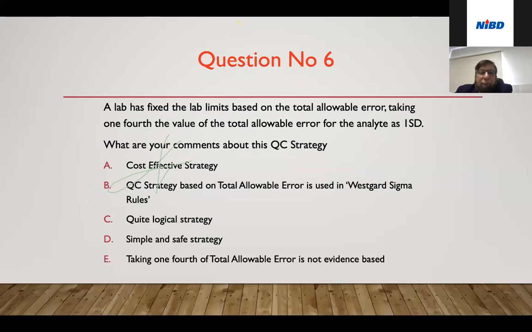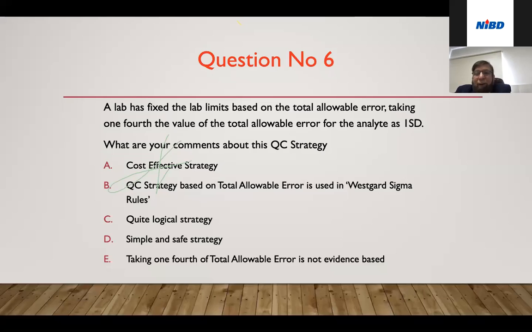Okay, question number 6. A lab has fixed the lab limits based on total allowable error, taking one fourth the value of the total allowable error for the analyte as 1 SD. Now the lab has done some innovation.